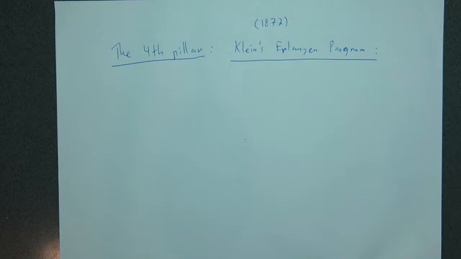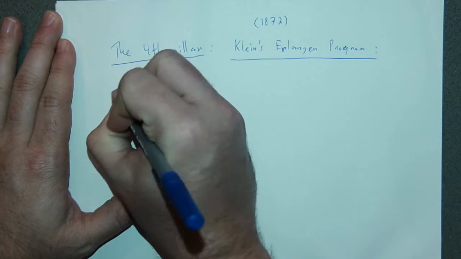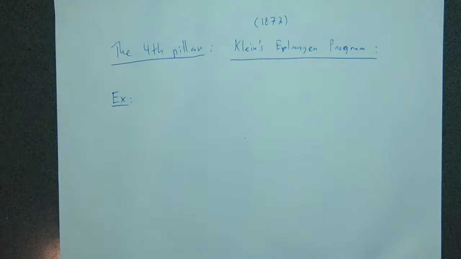This seems like a completely backwards way of thinking about geometry, but it actually yields kind of the most clarity of any approach of studying geometry. And the most important thing about it is that it allows you to study multiple kinds of geometries all at once. So before I get too much into that, first of all, what are our examples that we think about? So let's think about some examples from our past here, right?